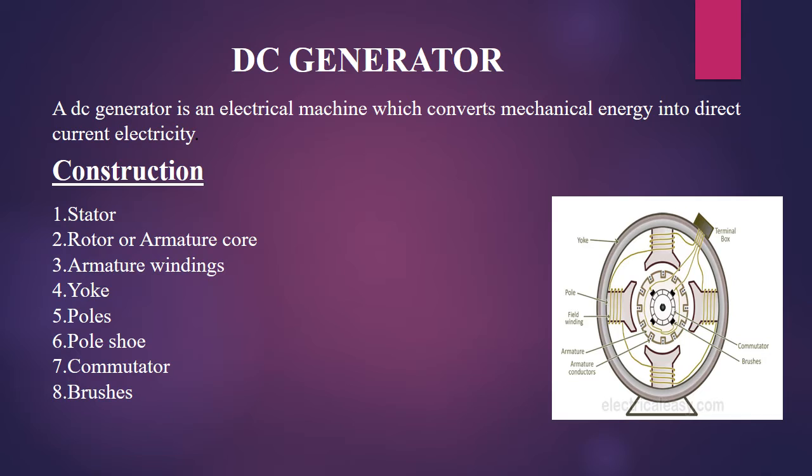The commutator converts the alternating EMF into unidirectional EMF. It is made up of wedge-shaped segments of hard-drawn or drop-forged copper insulated from each other by a thin layer of built-up mica. Then brushes and bearings.